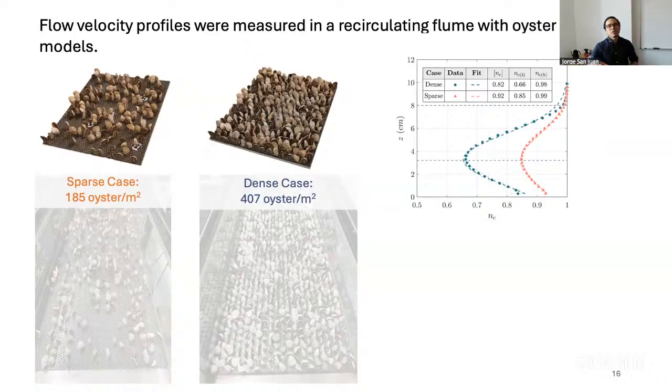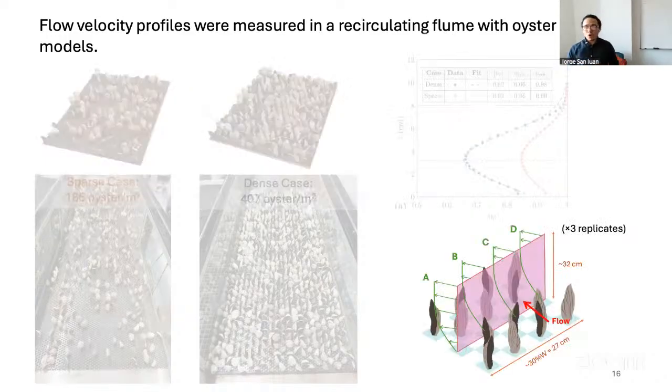But at this point, what you see here is how the two porosity profiles are changing. Of course, when we have sparse conditions, we have less porosity. When we have dense conditions, we have more porosity here. We also took 4 velocity profiles, at 4 positions in both, to understand the variation in space.